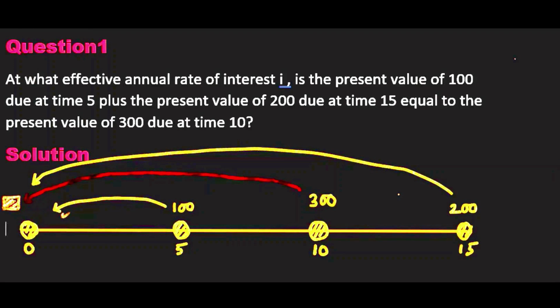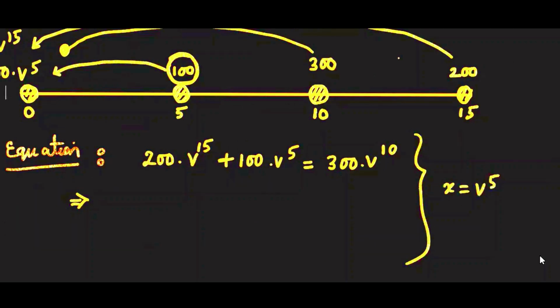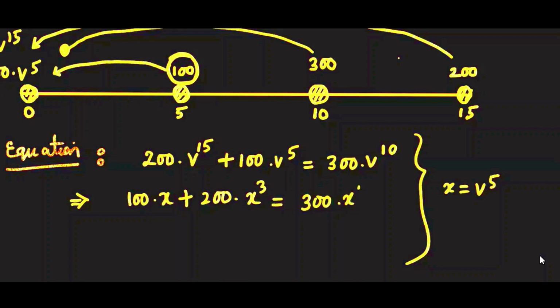Let x be v power 5. Then you get 100x plus 200x power 3 is equal to 300x power 2.